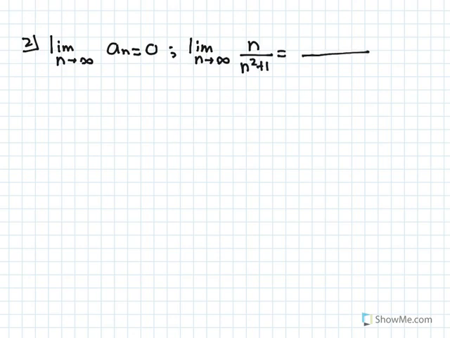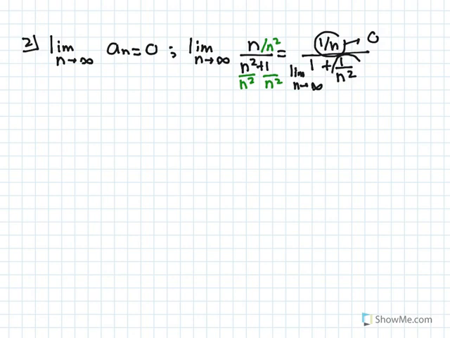So divide by the highest power in the denominator, divide by n squared, and we get 1 over n divided by 1 plus 1 over n squared. Take the limit as n goes to infinity, 1 over n is going to go to 0, 1 over n squared goes to 0. The result is 0 over 1, which is equal to 0.